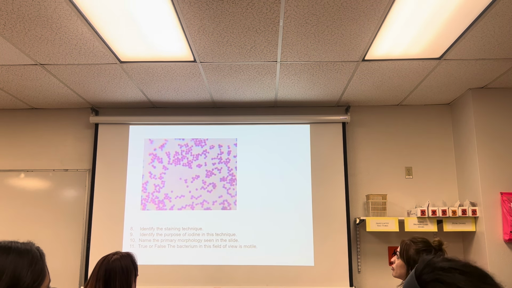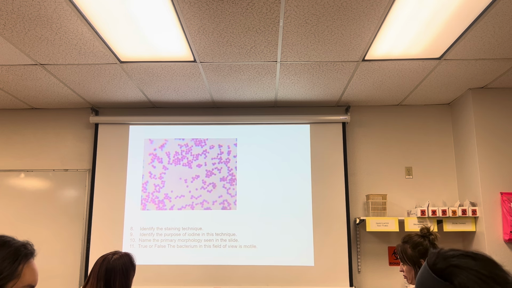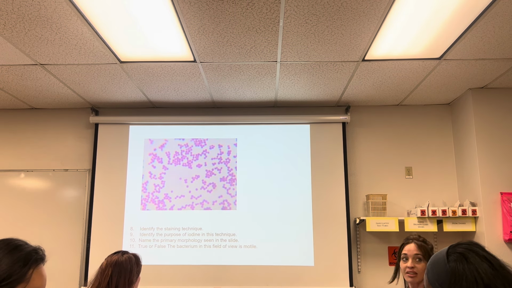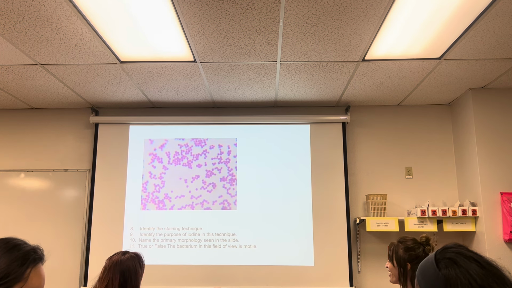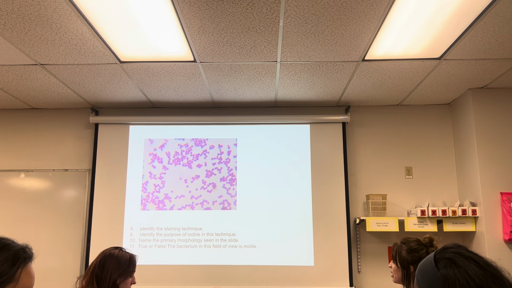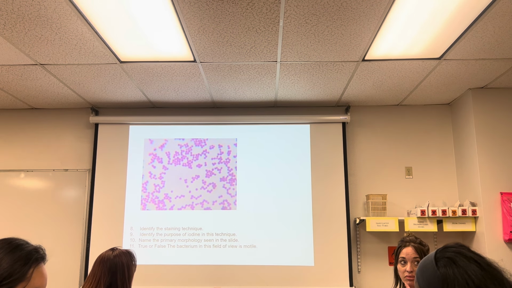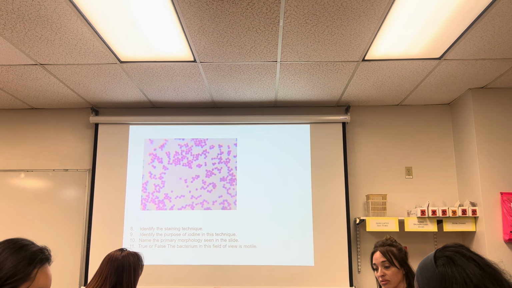Okay, here we go. So again, you're looking at what color? A Gram stain. Don't get excited yet. It's Gram stain first. What's the purpose of iodine? It's a mordant. That's a really beautiful answer. There are others. What could you say instead of mordant?